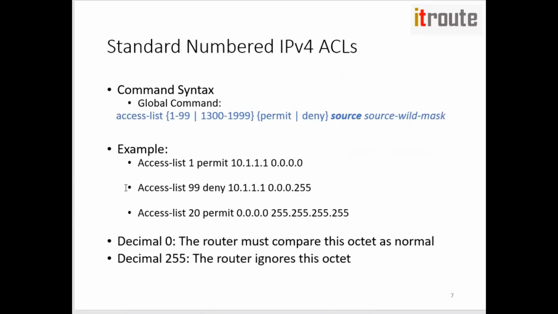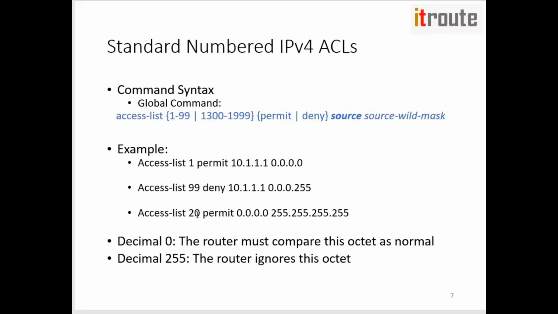But if you see the next one, access list 99 deny 10.1.1.1 0.0.0.255. So 255 means ignore bits. So the router will match only 10.1.1. The router will not check the last block because of 255. That's how it works, kind of like on and off.